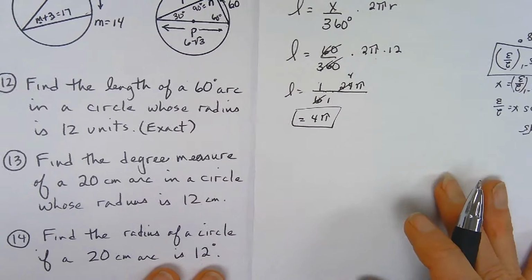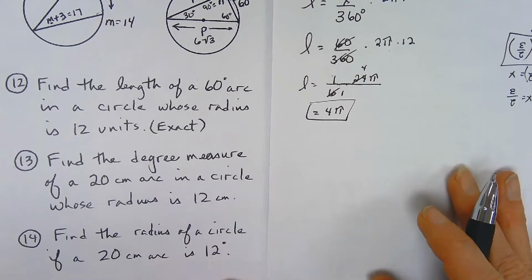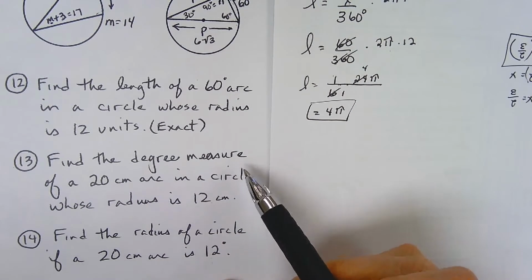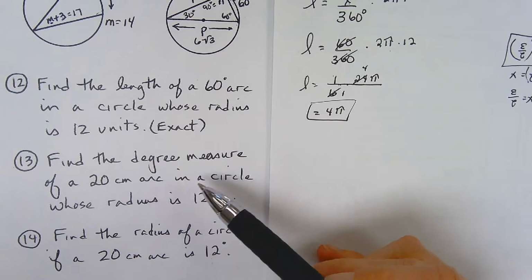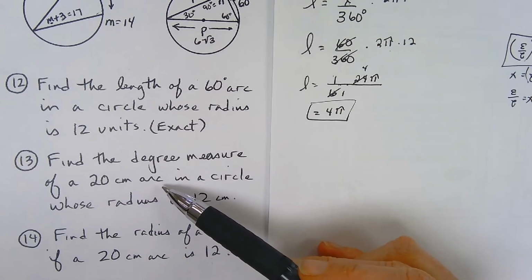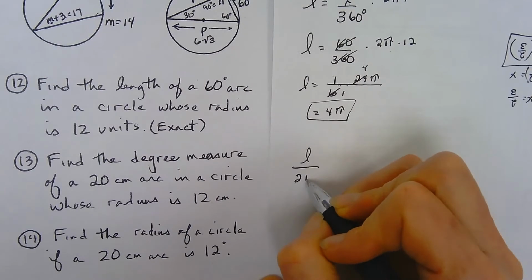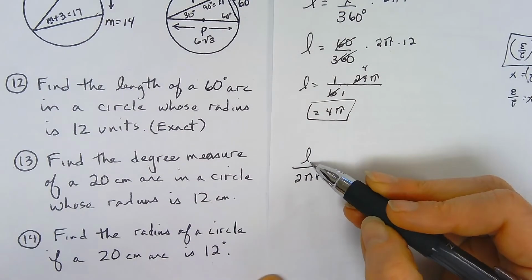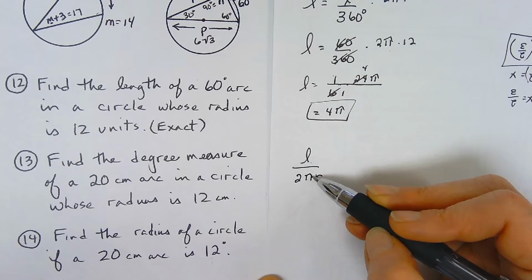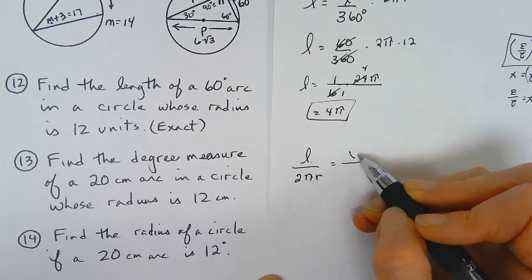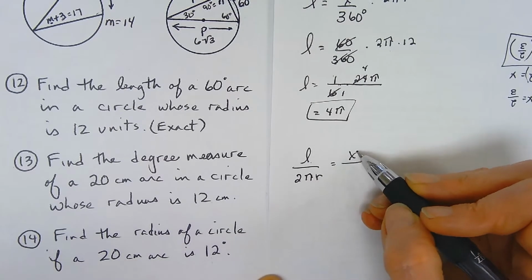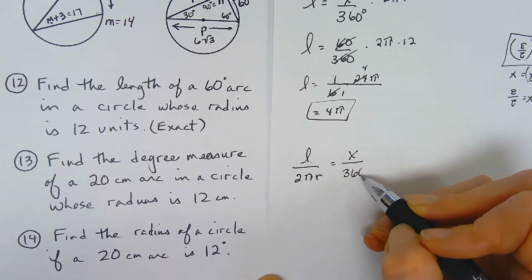For numbers 13 and 14, to find some measure other than the length of the arc, I always recommend using the proportion. The portion of the circle over the entire circumference is equal to a portion of the circle's measure over 360 degrees.